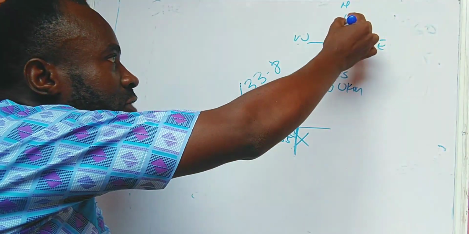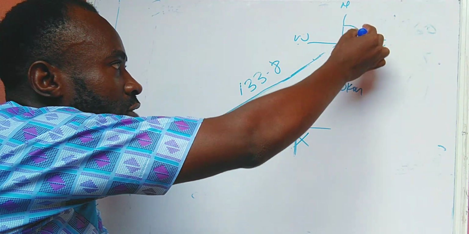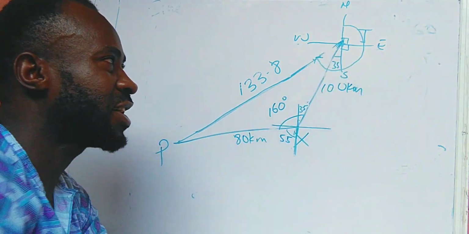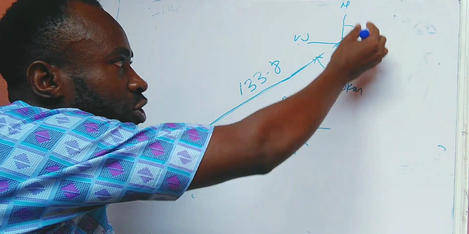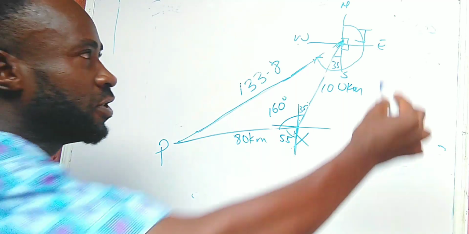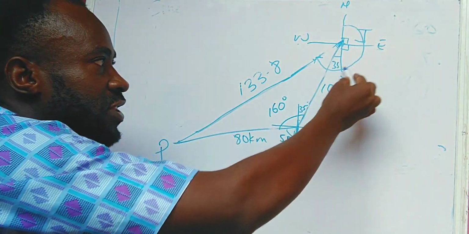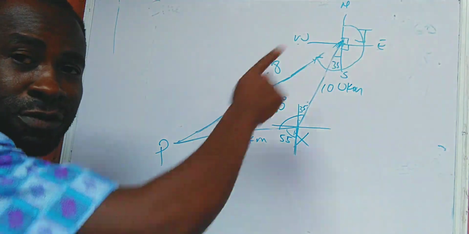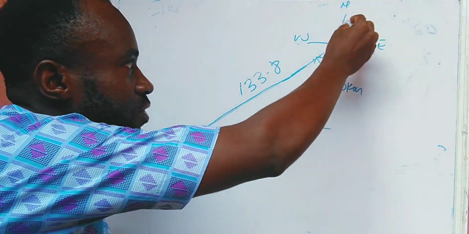So I'm going to take the bearing from north and then clockwise till I get to the point connecting John, which is J, and P, and that's the angle we are looking for. So we are looking for this whole turn here, this whole angle.